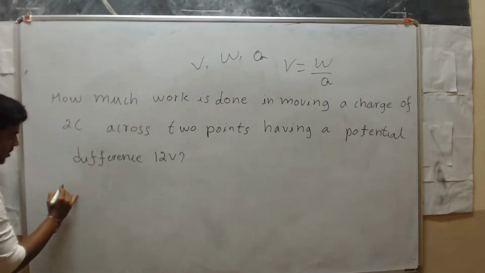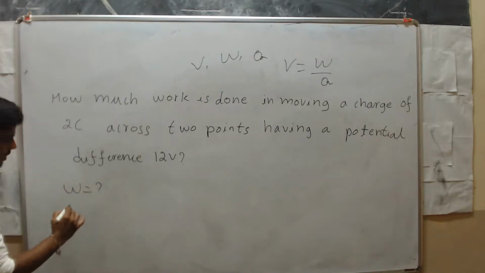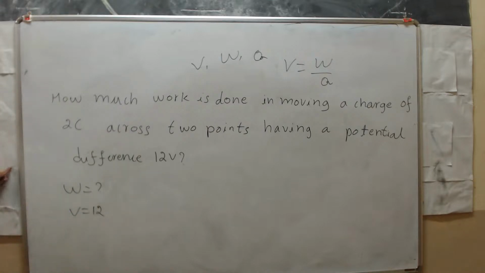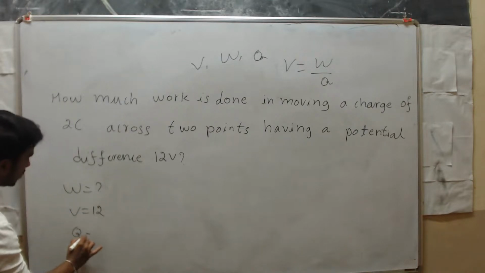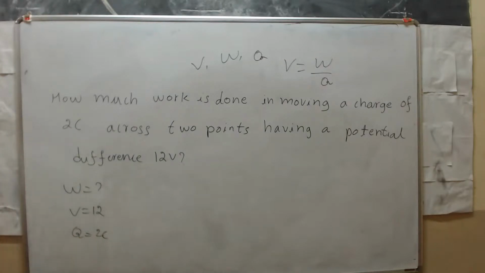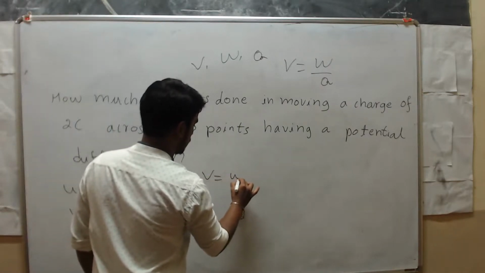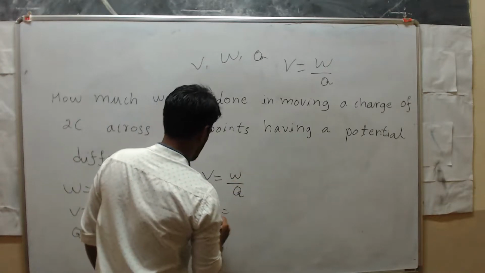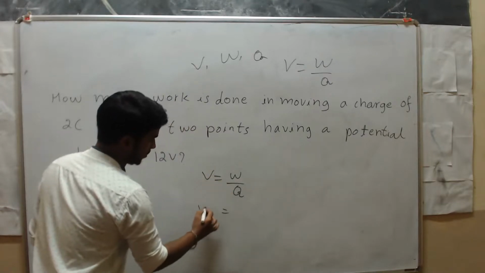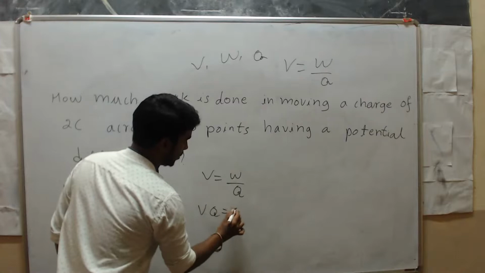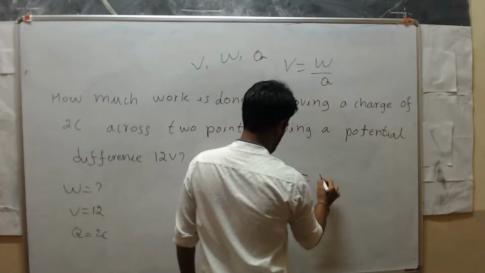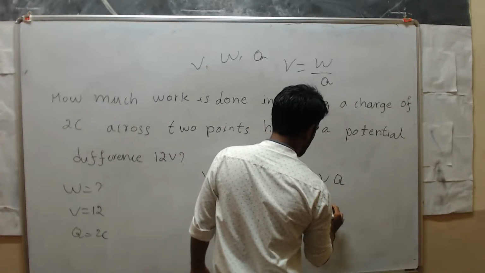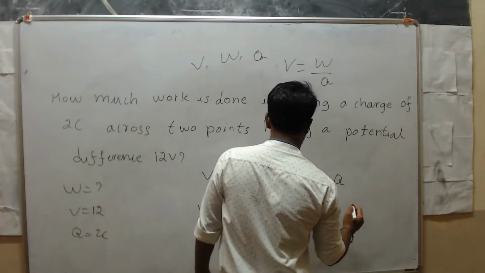So we need W. The voltage V is 12 and the charge Q is 2 coulomb. We know the formula: V equals work done divided by electric charge Q, and we need W. Bring Q to this side: V into Q equals W, or W equals V into Q. V is 12 and Q is 2.